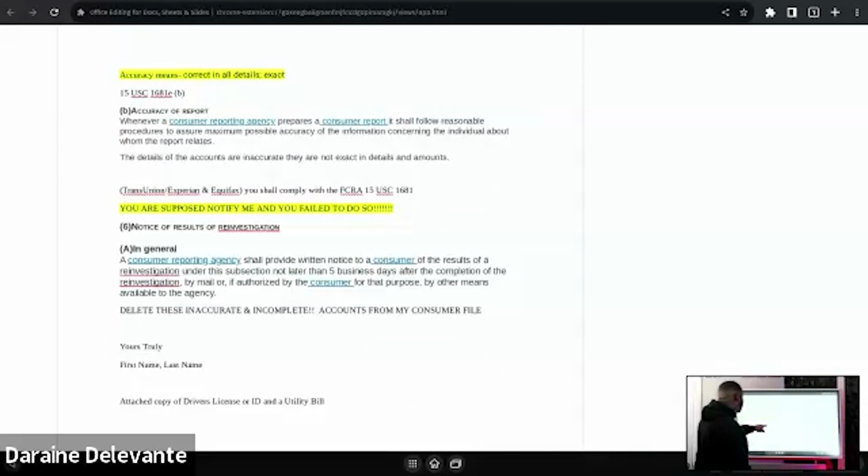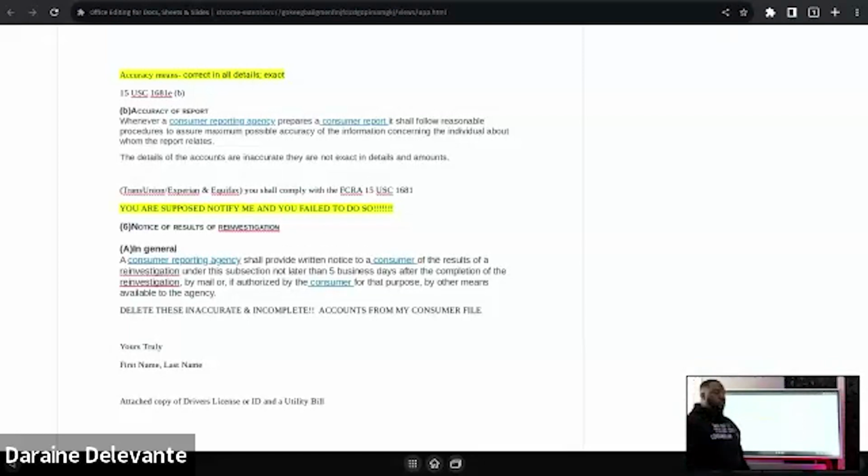They shall provide written notice to a consumer of the results of the reinvestigation under this subsection no later than 5 business days after the completion. So no later than 5 business days, when the investigation is done, they must mail you out what the results are. Not on the 6th day or the 7th day.